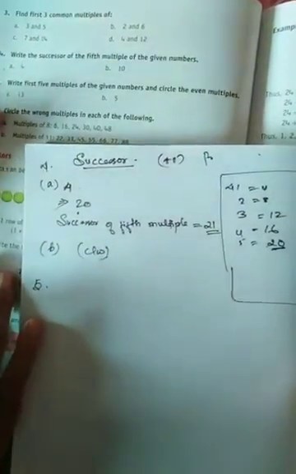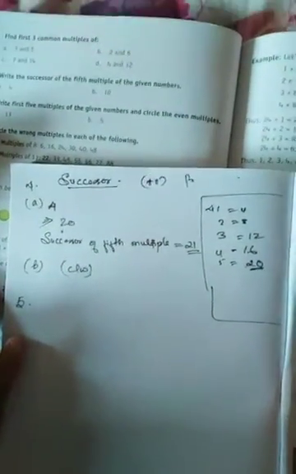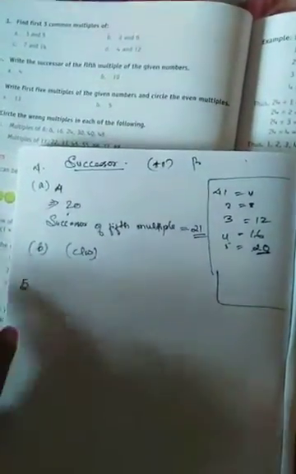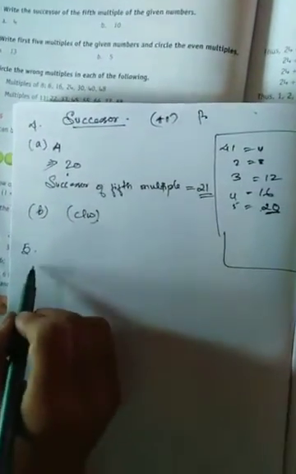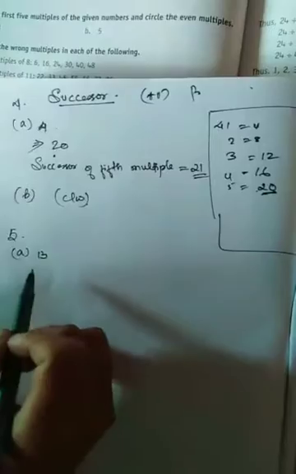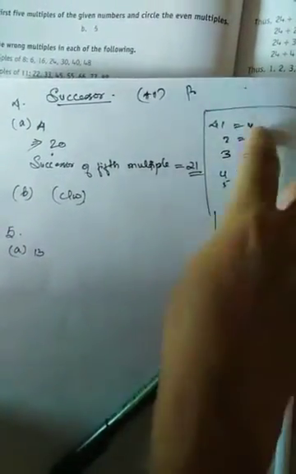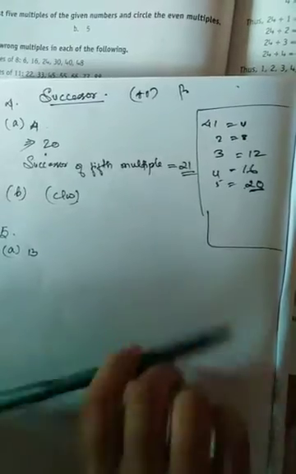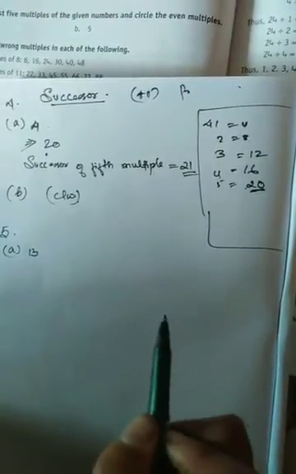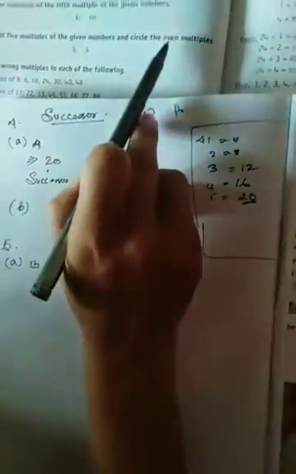Now we all know what are even and what are odd, right? So what is question 5 asking? We have to write 5 multiples of 13, and after that we have to circle the even multiples.